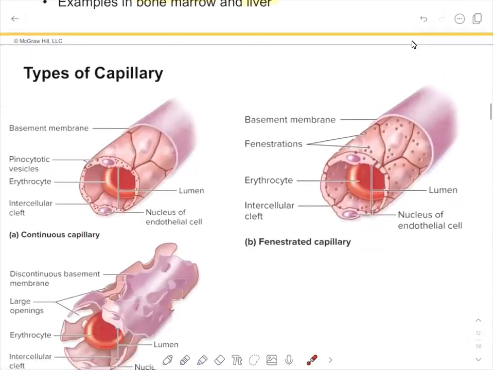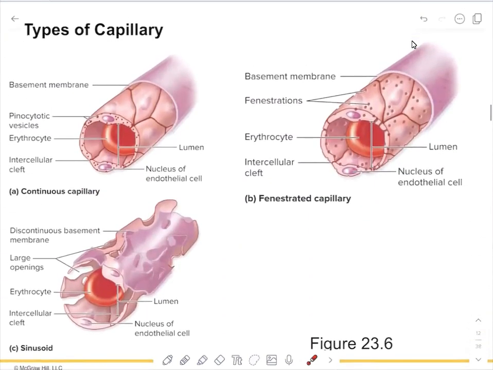So our next slide shows these types of capillaries. So for the continuous capillary, we can see basically tight junctions between the cells. You'll see here that there is basically no openings between the two cells. For the fenestrated capillaries, we have these pores, which are fenestrations.